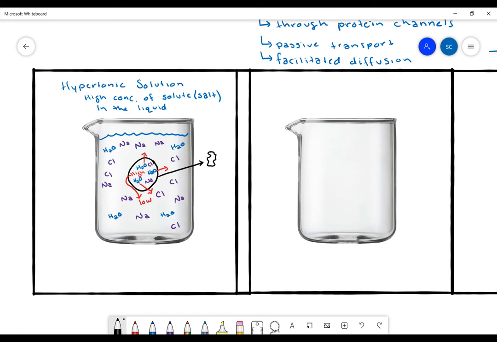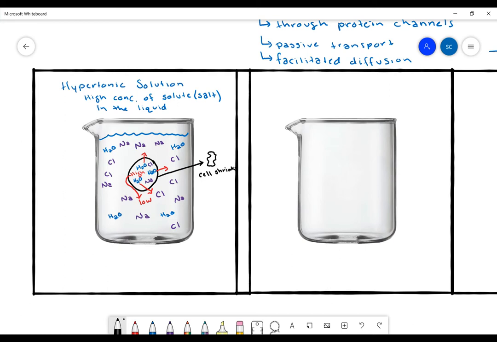Here's my shrunken cell. Okay, so the cell is going to shrink because it's becoming dehydrated, because all of the water is leaving, and all that's left inside is those salt ions. So it's going to shrink down because the water has left and moved out. Okay, so the cell shrinks.